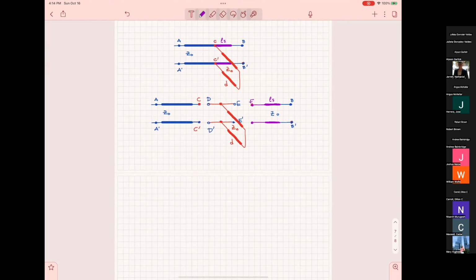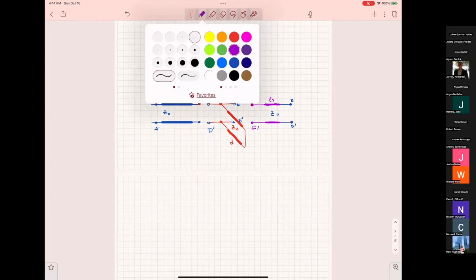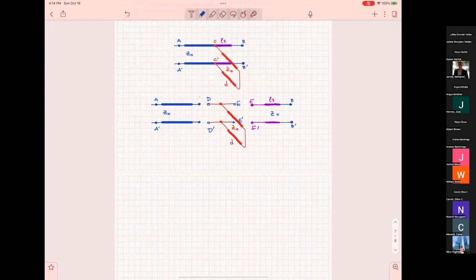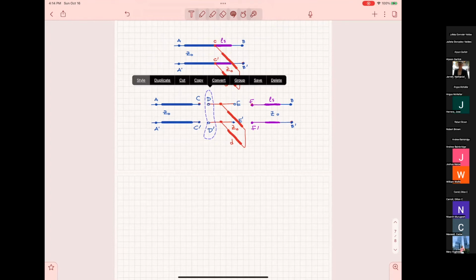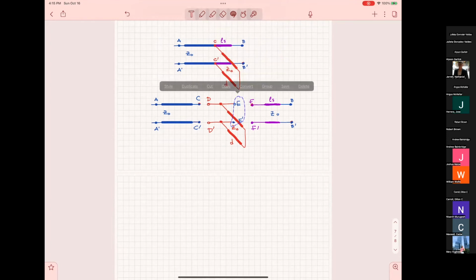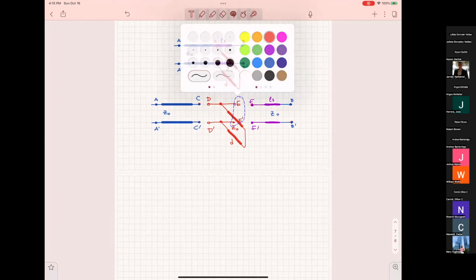This is C prime, and everything else here I'm including in red.